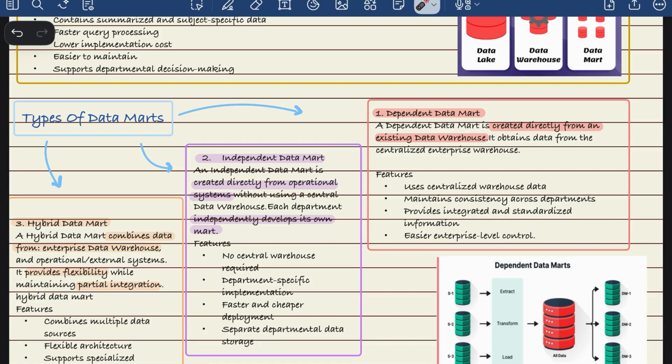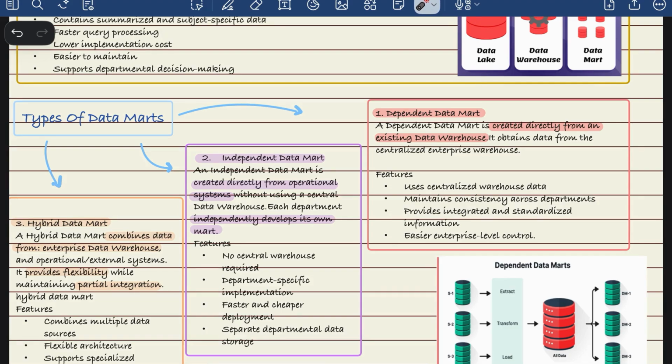So it is completely dependent on the big warehouse. The big win in this is that it guarantees complete data consistency across the entire company, because everyone sees the exact same version of the truth, because everyone is using the same data warehouse to extract the data, right?